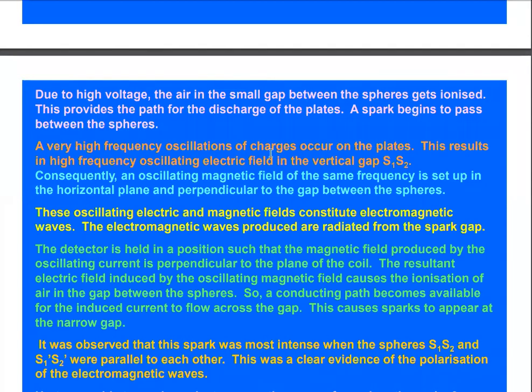So here, because of oscillating ions between the spheres, two mutually perpendicular fields come into play, and the electromagnetic wave produced is radiated from the spark gap.